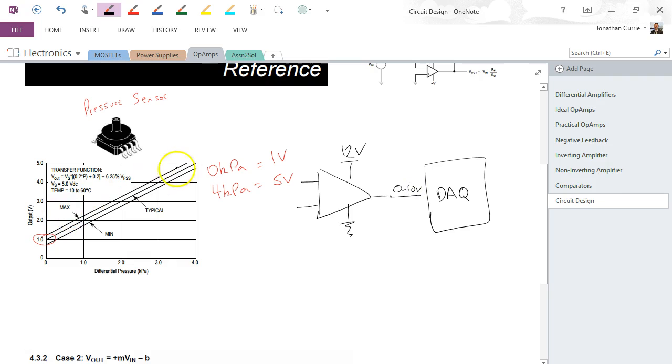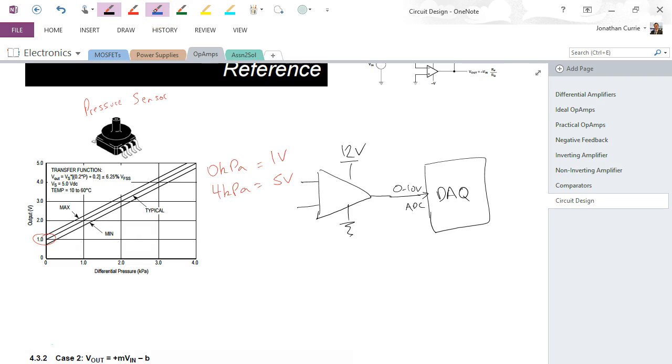In order to maximize the accuracy of what we can measure using our ADC, we want to shift and scale. So we're going to be amplifying and biasing the signal such that we can use the full range of our ADC in order to take measurements of this pressure sensor.